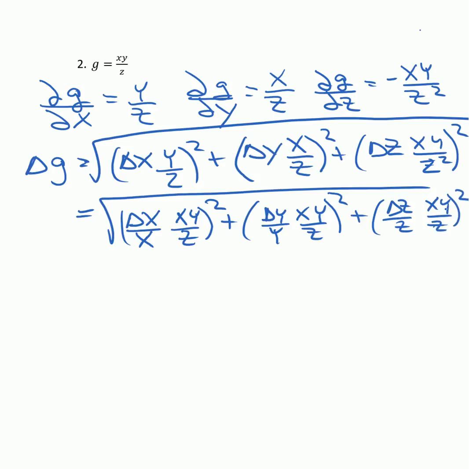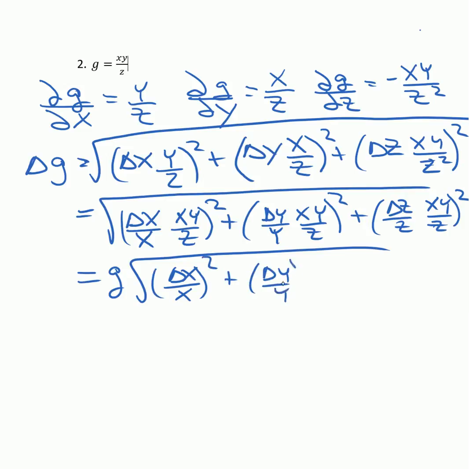And xy over z is a common factor, and it's the same as g. So this is g square root of delta x over x squared plus delta y over y squared plus delta z over z squared. That's the same rule for multiplication and division that we used in 1120 and 1101 labs. You don't have to do the simplification if you don't need to or you don't see something obvious to do. It doesn't make any difference in a spreadsheet how you calculate the numbers.